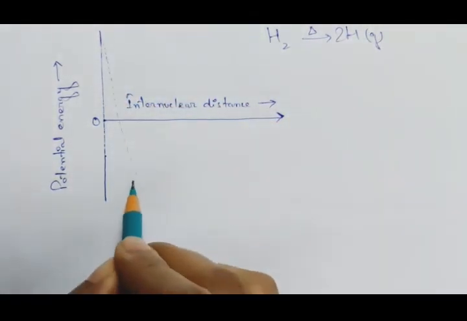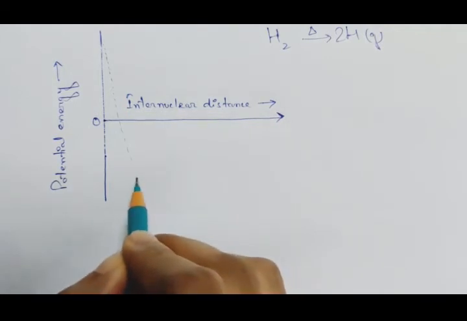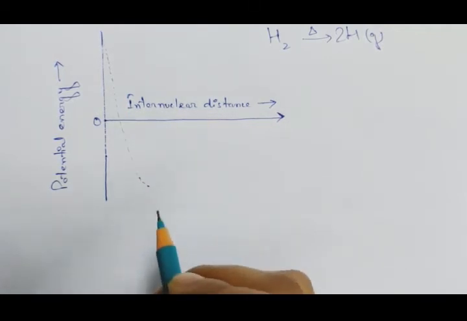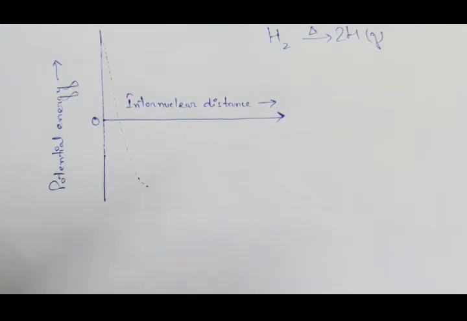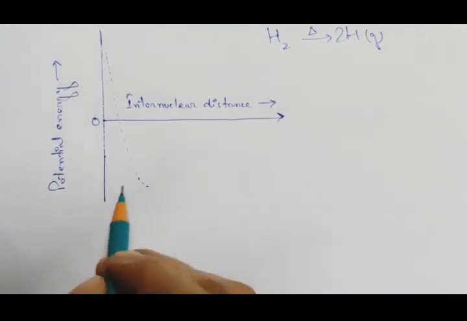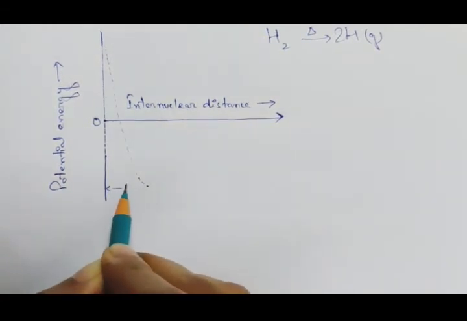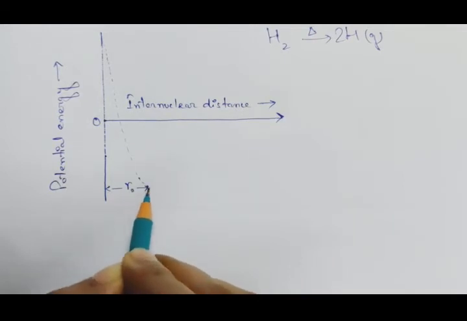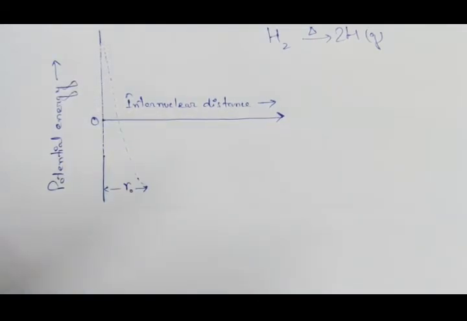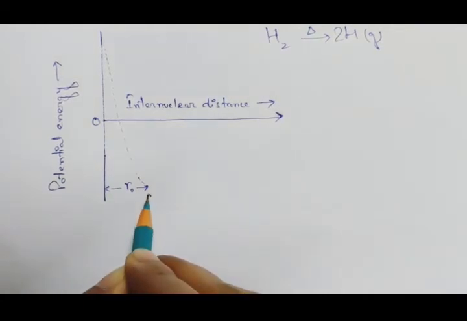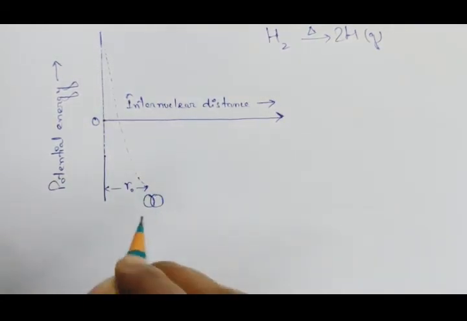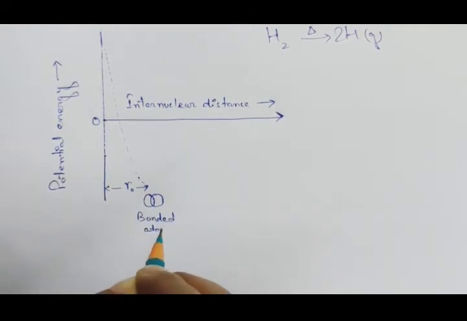After some time it will reach a value where the bond length is the critical distance R0. Suppose this one is the critical distance R0. Here it is the closest approach of the two separate hydrogen atoms. That means here the two hydrogen atoms are in bonded condition. These are the bonded atoms.